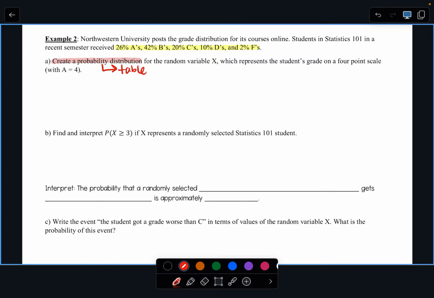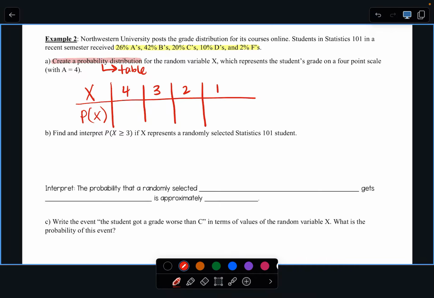And they even define X for us, which is it represents the student's grade on a 4-point scale with A equal 4. Sometimes they don't define it for you and you have to define it, but they told us they want it to be X. So I'm going to go in X, probability of X. And if it's on a 4-point scale, we have A, B, C, D, and F. Let's go.